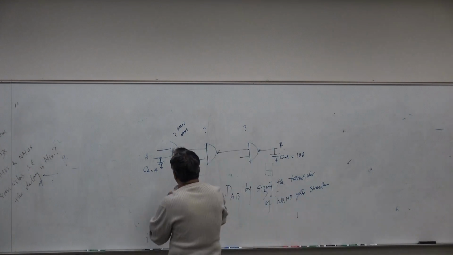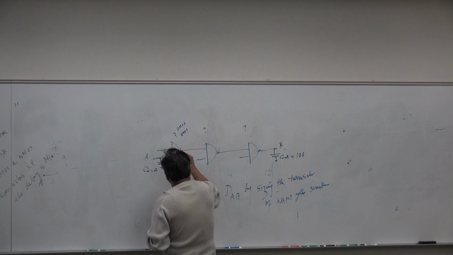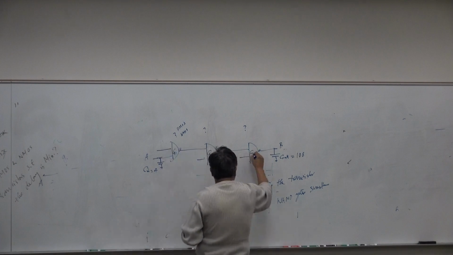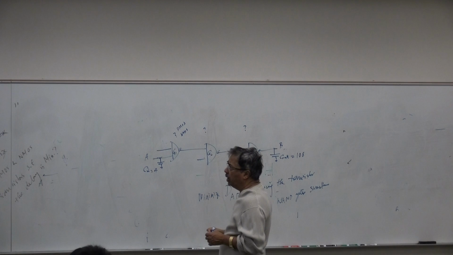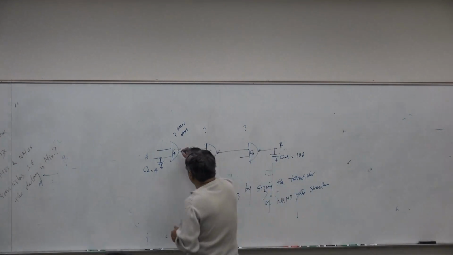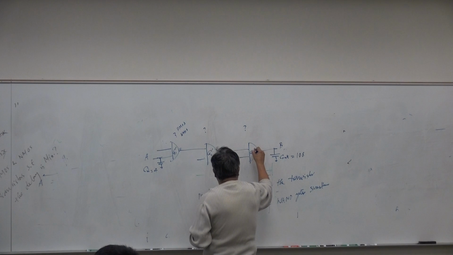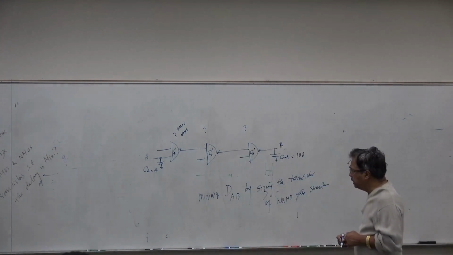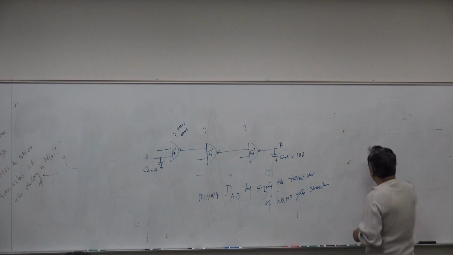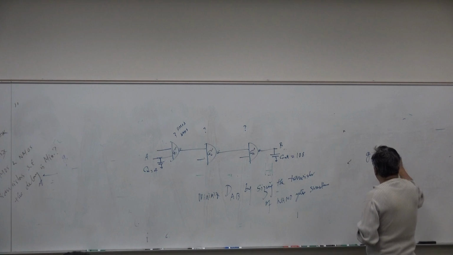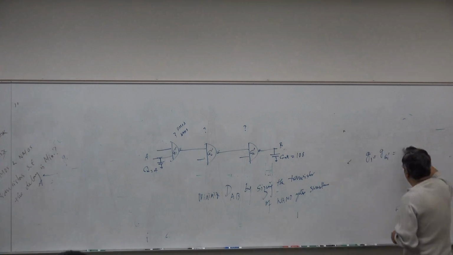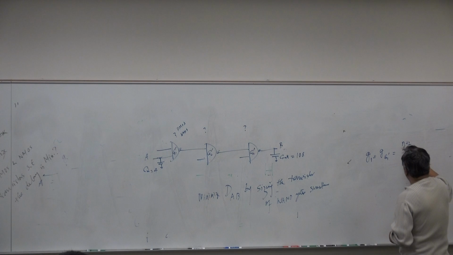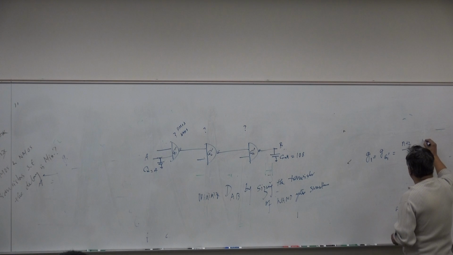So this is G1, this is G2, this is G3. So these G's are, let's put a prime here so that you don't get confused. These are the symbols for the gates. So G of G1 prime is equal to n plus 2 by 3, which is 4 by 3.